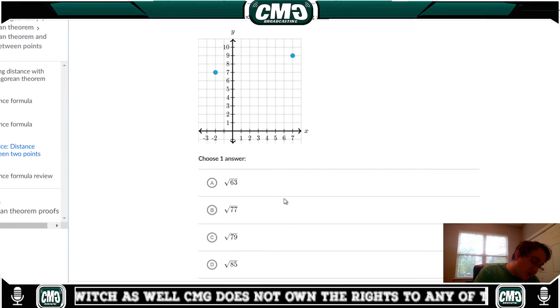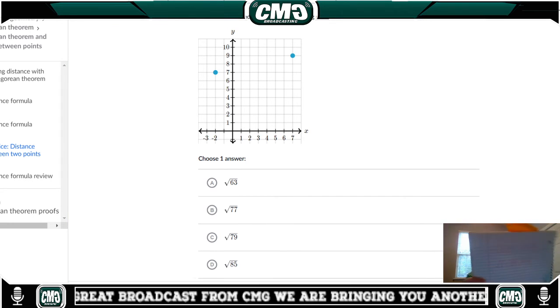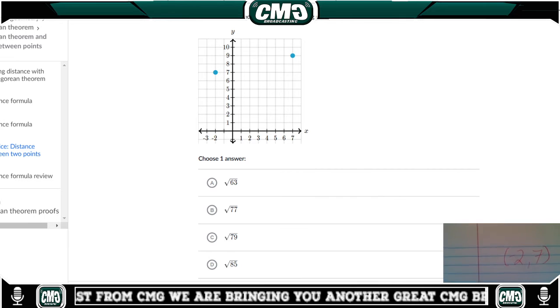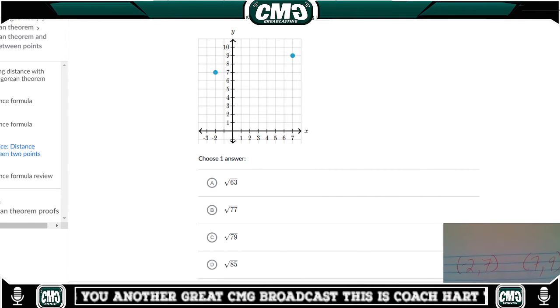And then when we get our setup here, we have 7 minus -2 squared. And then we have 9 minus 7 squared. Now again, making sure that we understand. We have our two numbers here, -2, 7, 7, 9.